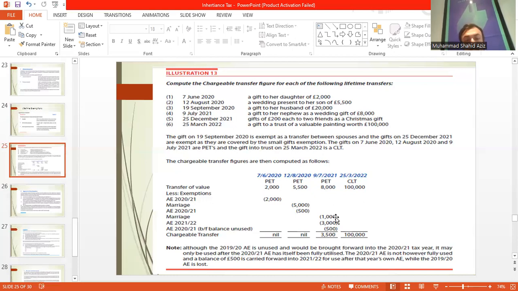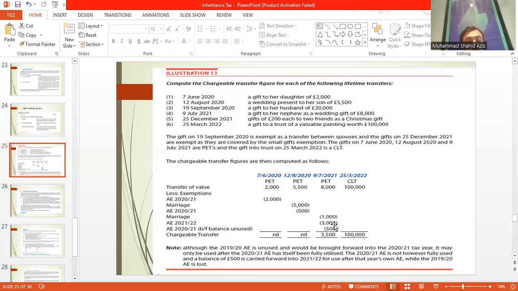And here, this £1,000 is a marriage exemption. So what is the 8,000? A gift to her nephew as a wedding gift of 8,000. We know that for a nephew, the marriage allowance available is only £1,000.